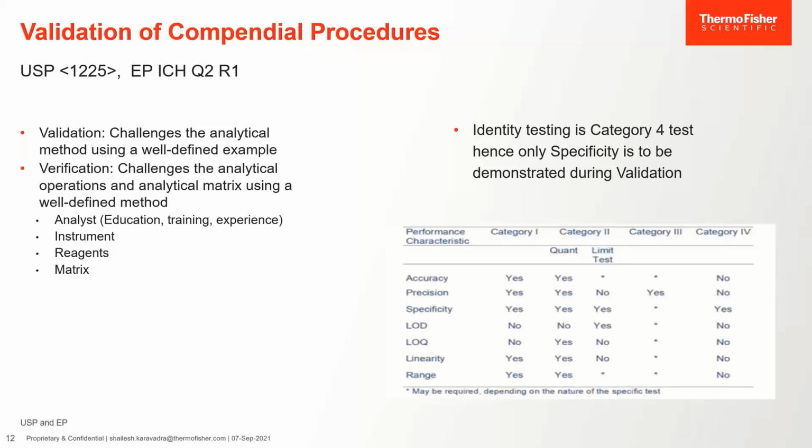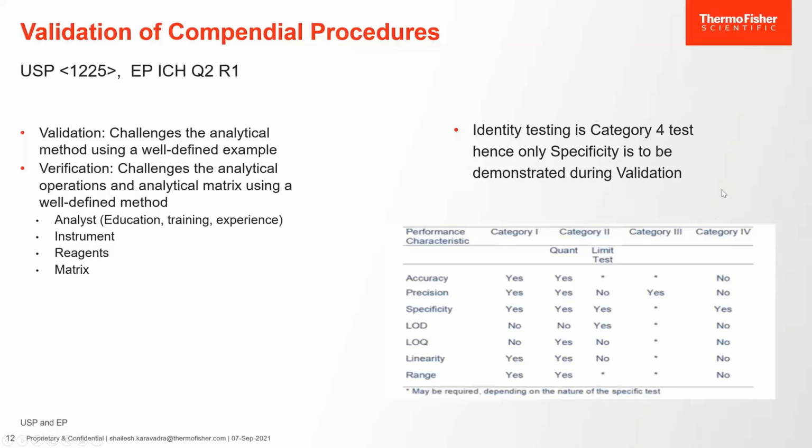So for example, if we want to implement Raman spectroscopy for identification testing, then we have to determine first what category of test it is. From here, we can say it is a category 4 test, and for that, we have to validate the method for its specificity.